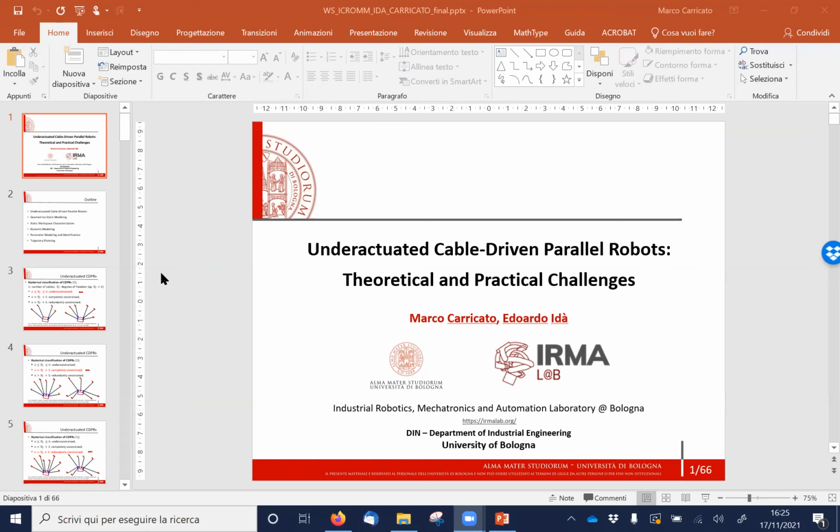Now we are actually exploring the possibility of having extra information directly in the Cartesian space, namely on the end effector. And this means using either IMU or vision systems or laser systems, but we are mainly interested at the moment in IMU for several reasons.